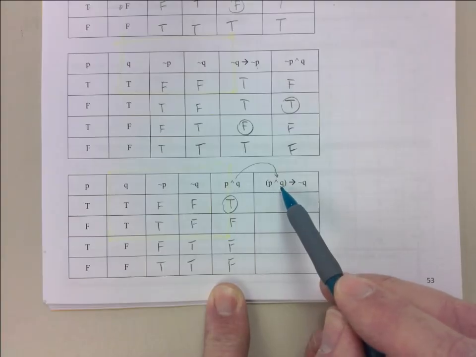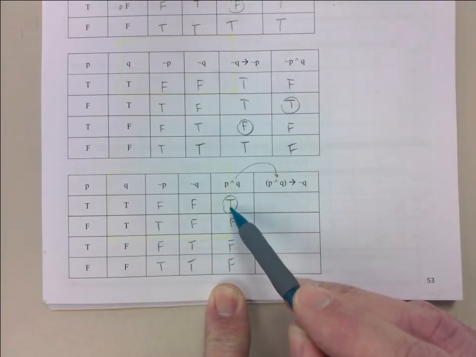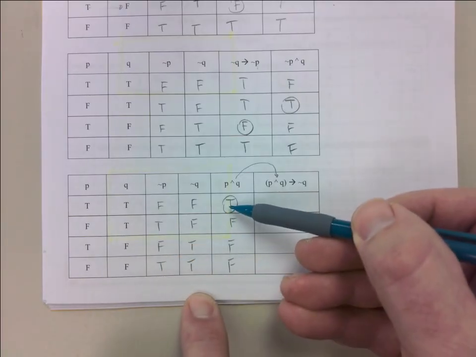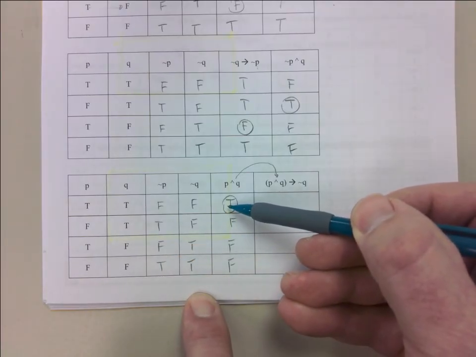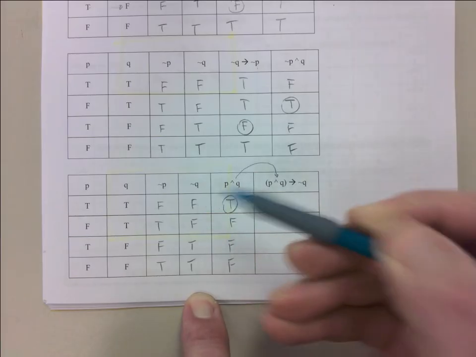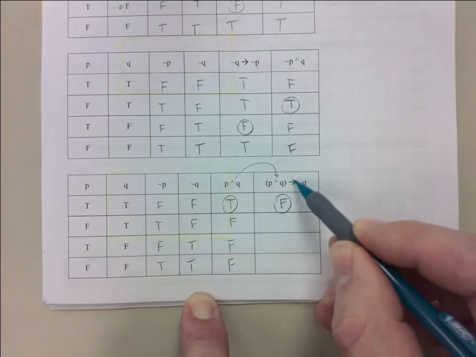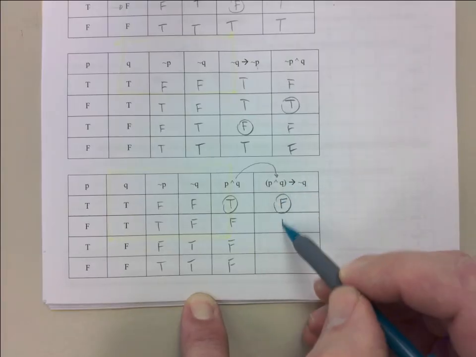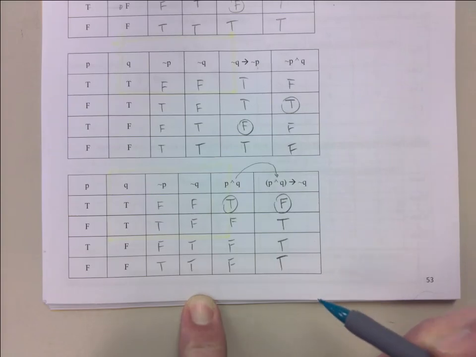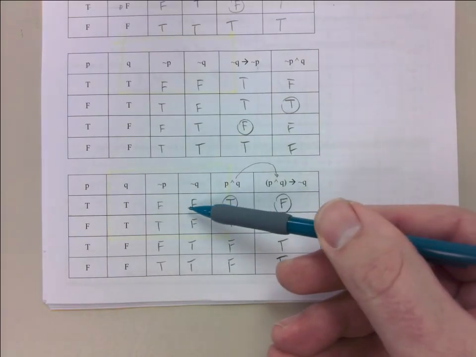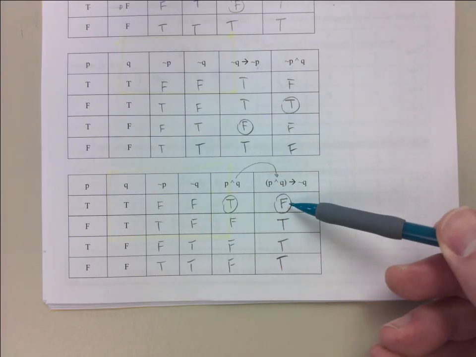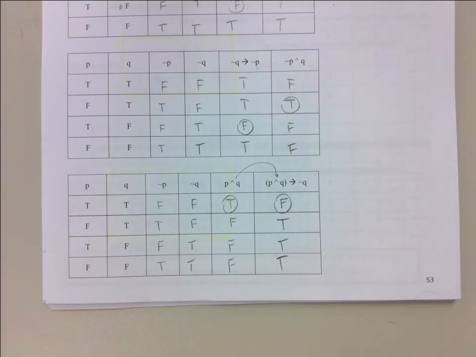P and, so you're going to go from this column to where? To not Q, correct? So you're going to go this way. True to false. Oh, I found my false because this is an if statement. Everything else is true. Okay, I went from true to false. My first case makes it a false statement. Everything else is true.